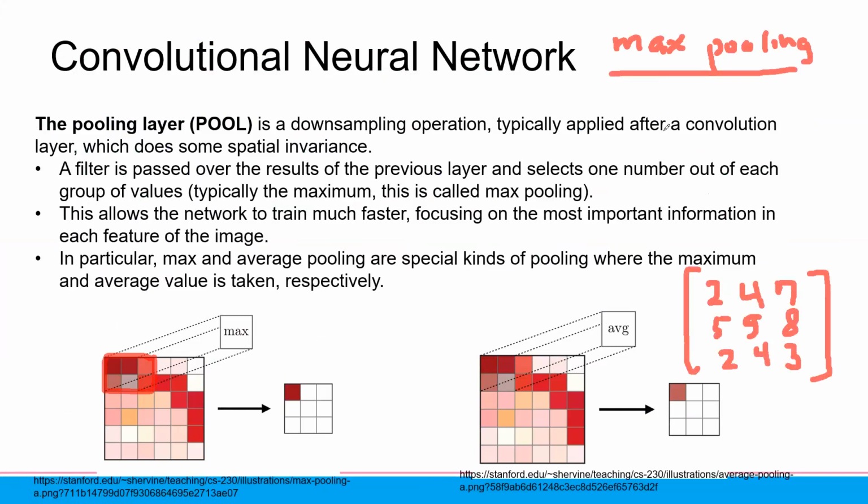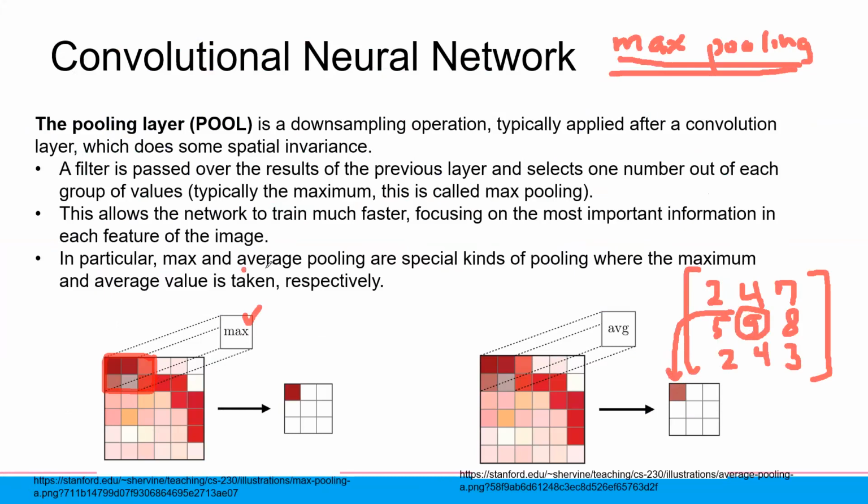Then I will find the maximum value from this matrix. The maximum value will be 9. Then I will use this 9 and put it into a new matrix. If I reduce it from 3 multiplied by 3 to 1, then I will just use this one for the next operation. This is the max pooling.